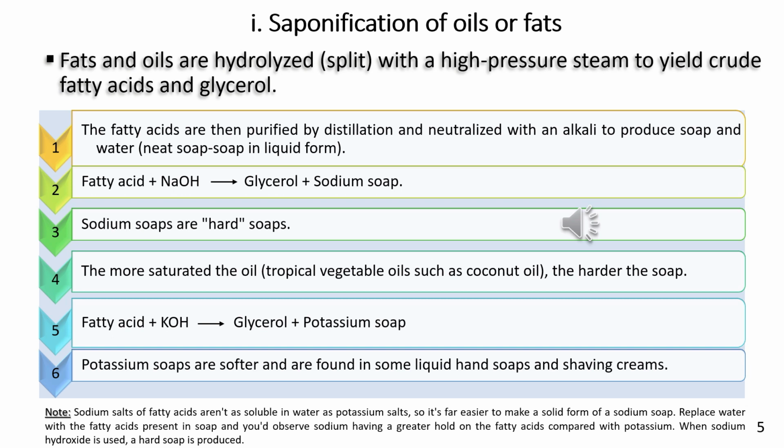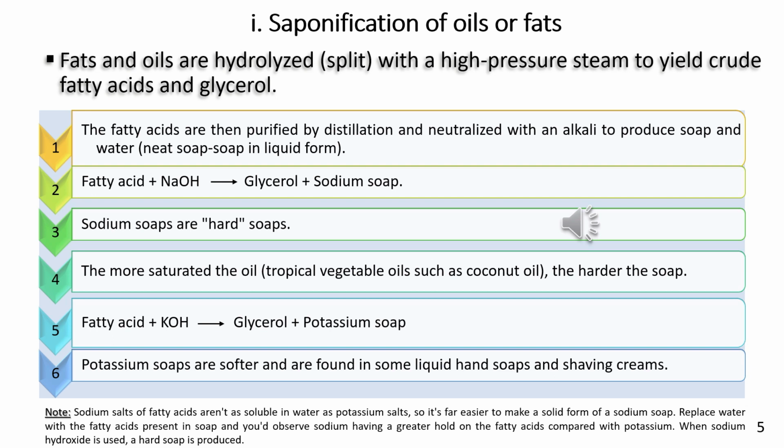Number 3 is sodium soaps are hard soaps. So why are the sodium soaps called hard soaps? Because the sodium salts of fatty acids are not as soluble in water as the potassium salt. So it is far easier to make a solid form of sodium soap. So how can we resolve this issue?